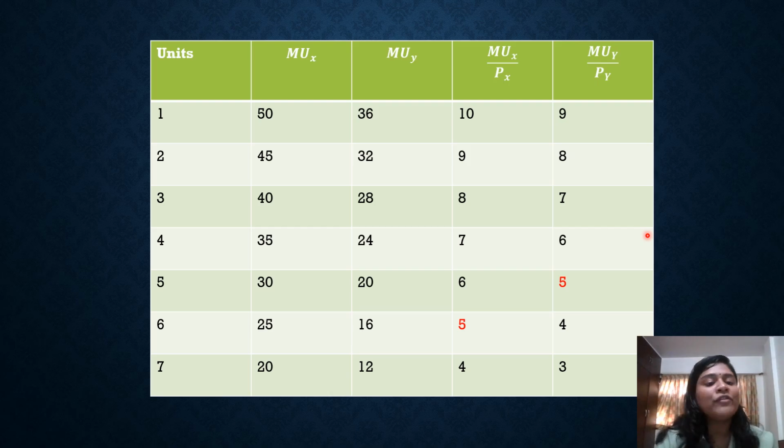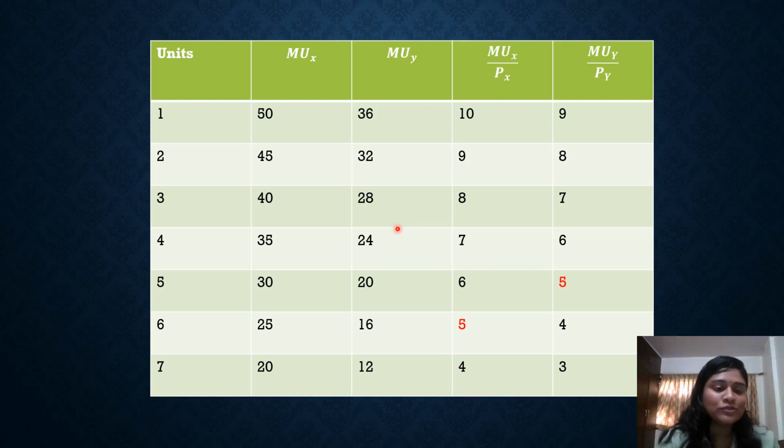So you check for the next combination. That is 3 samosas and 2 vada pavs. 3 into 5, 15 plus 2 into 4, 8. 15 plus 8, which is nothing but 23. Again, you are not exhausting your income. You will only exhaust your income when you reach this point where you take a combination of 6 samosas and 5 vada pavs.